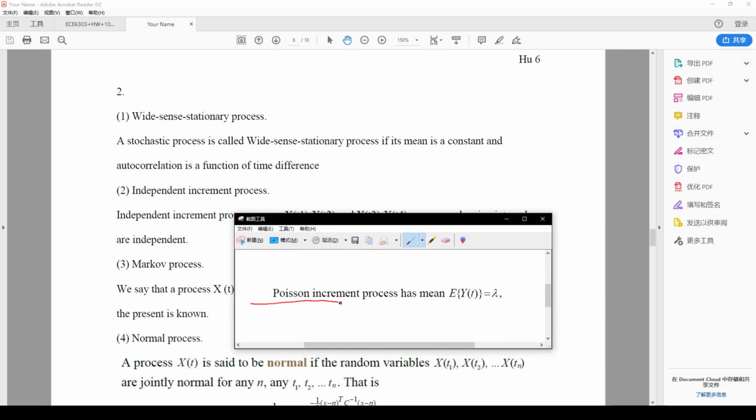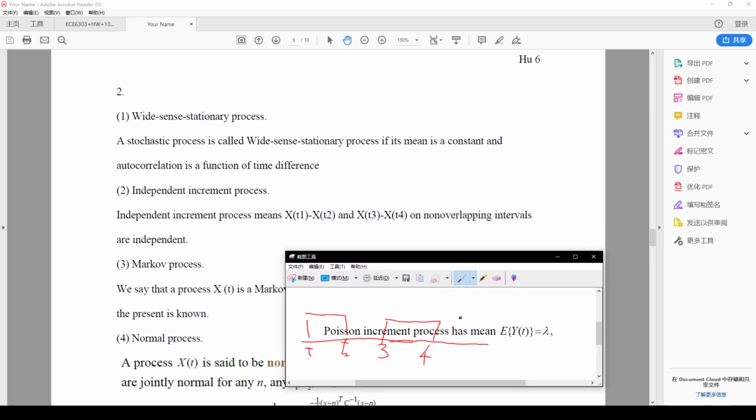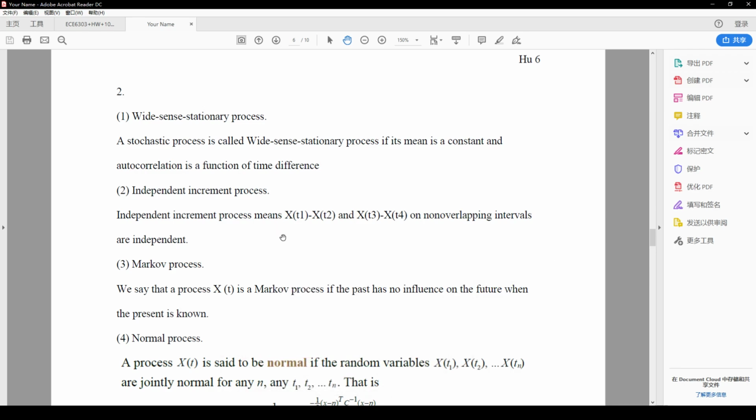It means like this part and this part. So this one will be T1 and T2, and T3, T4. So they are non-overlapping intervals, so we can say that these two parts are independent. So that's the basic property.